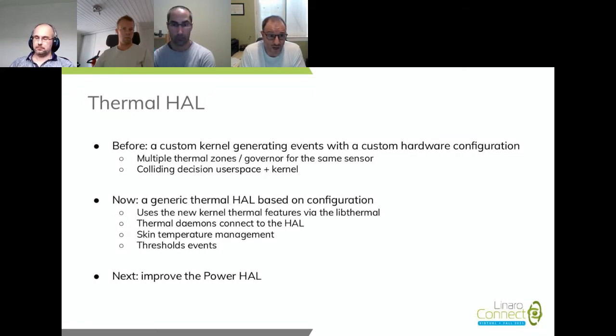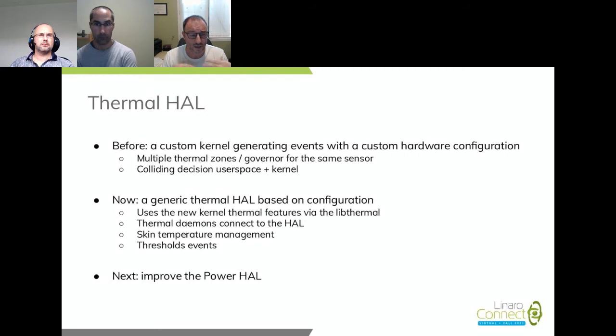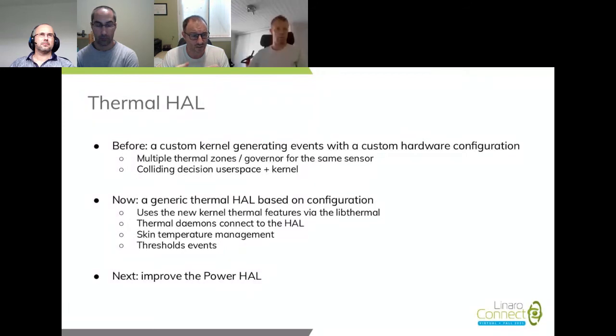So there is a hack. More people are doing hacks around in the thermal framework to create multiple thermal zones for the same sensor in order to put one governor with a different configuration and to get the events. For this reason, that was not acceptable, because it's the opposite of the current design of the kernel. And that's the reason why we created this notification mechanism.